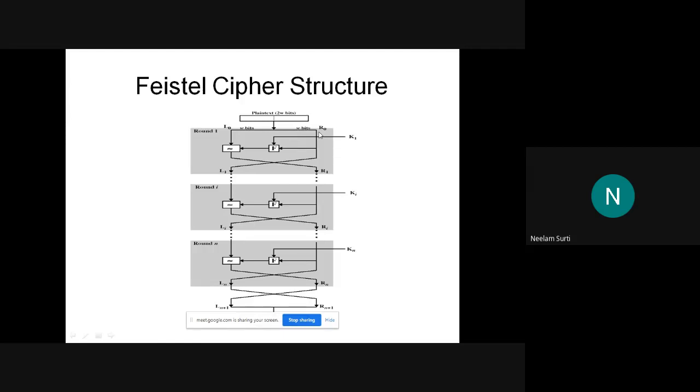So whatever number of bits are there, that is to be halved. L0 is the leftmost half and R is the rightmost half. So L0 is 1, 2 and R0 is 3, 4.